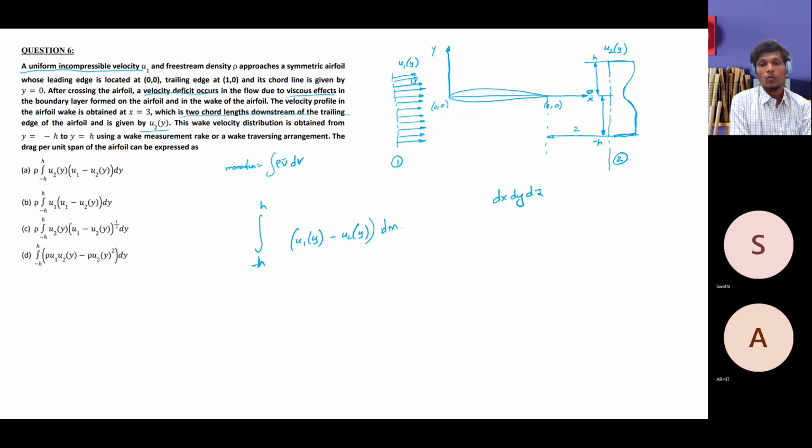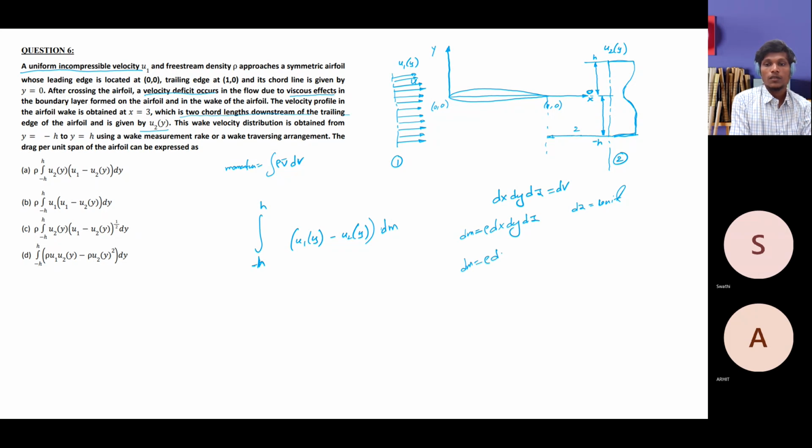So the small amount of mass times the velocity. I can write dm equals rho dx dy dz, where dx dy dz represents a small volume, that is dV, and dz is a unit value because we are considering the two-dimensional case, so it is now dx times dy.